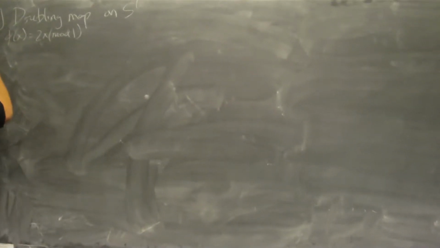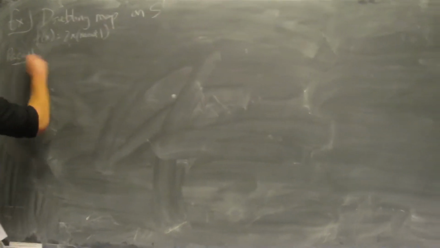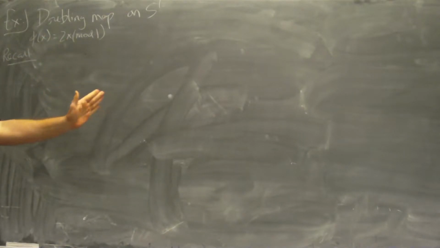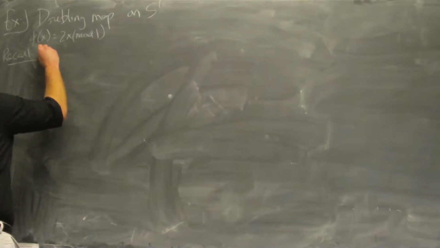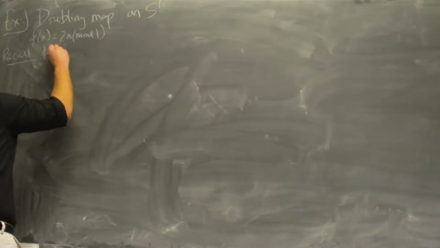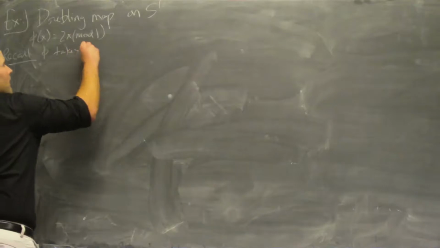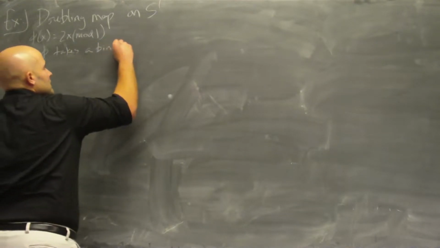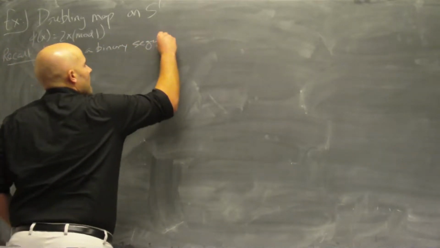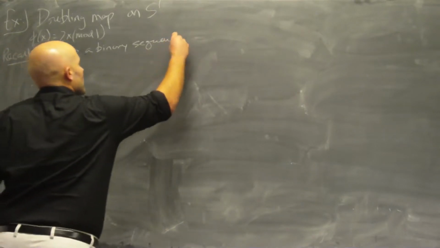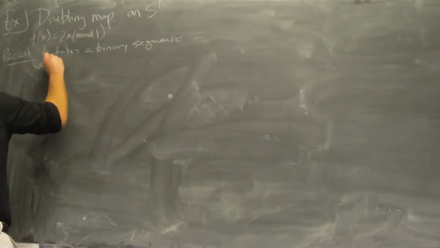And just recall that if you write out the numbers in the interval [0, 1] in their binary expansion, the only thing that this map does is it shifts the binary sequence to the left by 1.